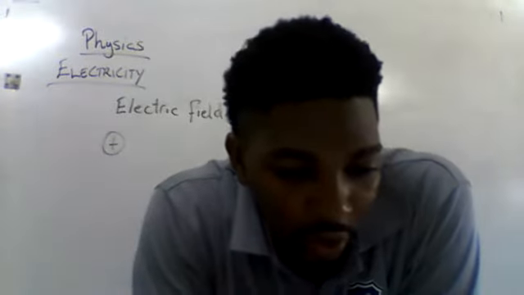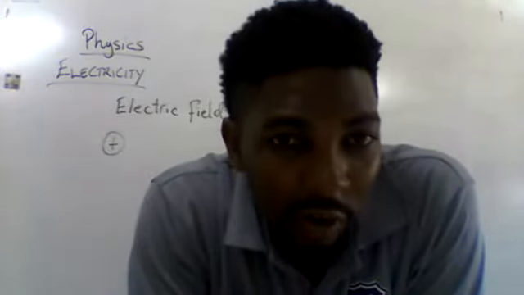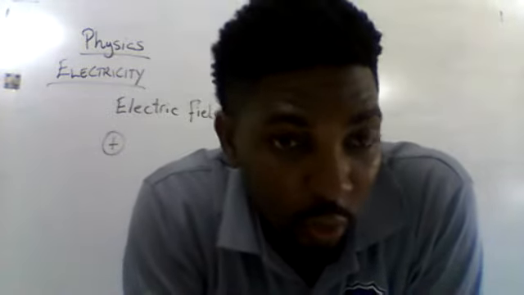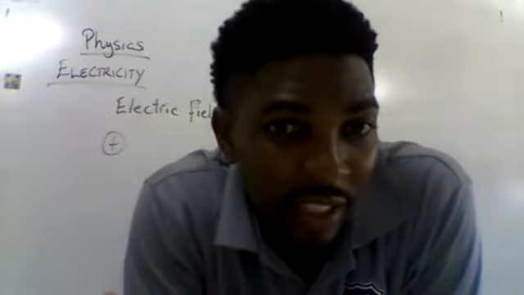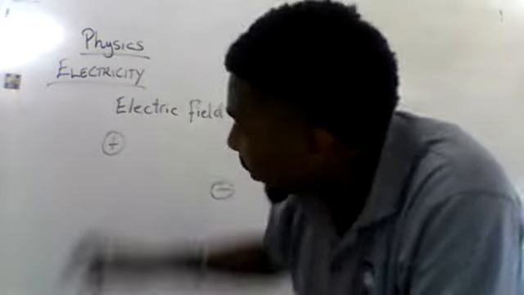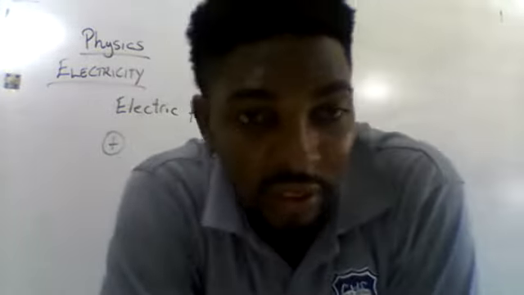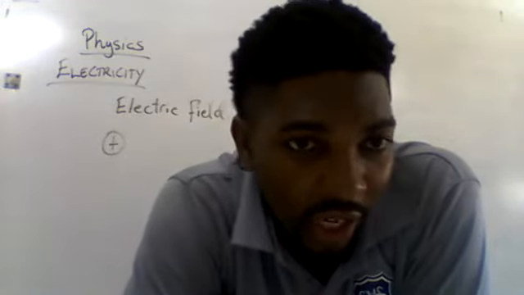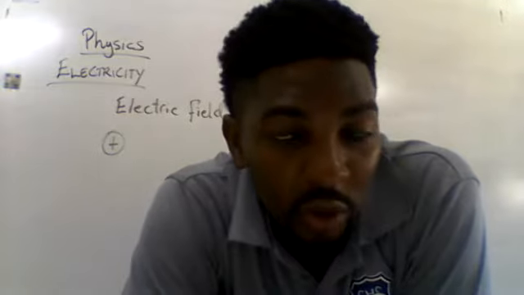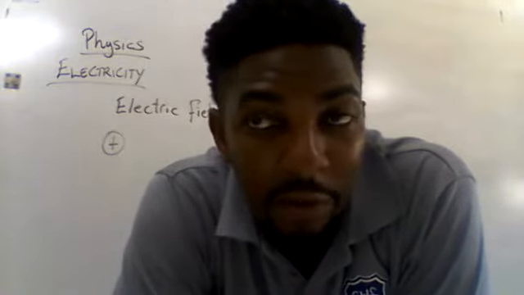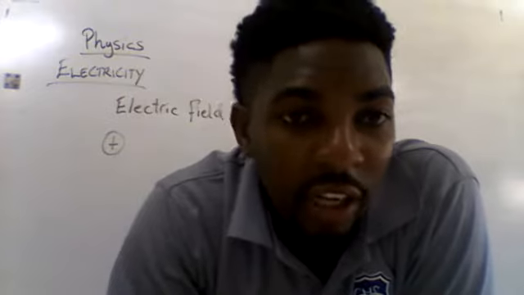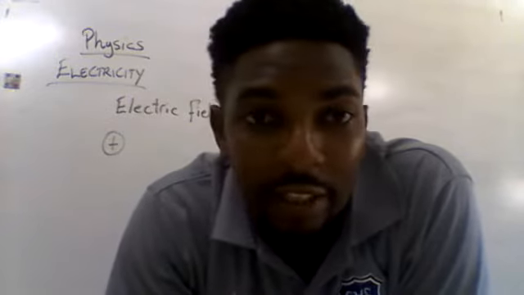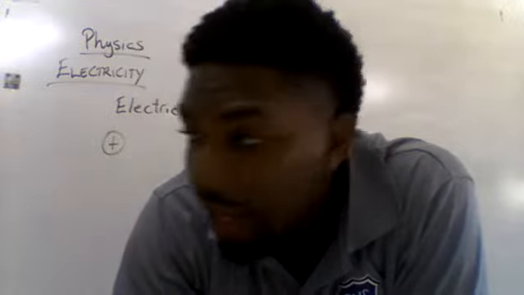Around these point charges, we said that it experiences a force due to a given charge. It causes certain things to happen. First, we're going to look at the positive charge. The field lines around a positive charge are designed as if there was another positive charge very close to it. That is how you design the field lines of a positive charge.